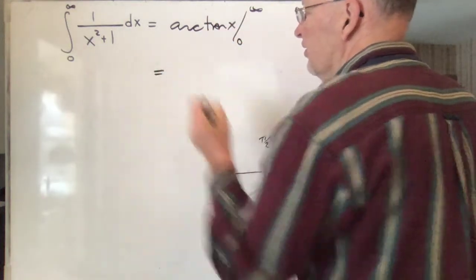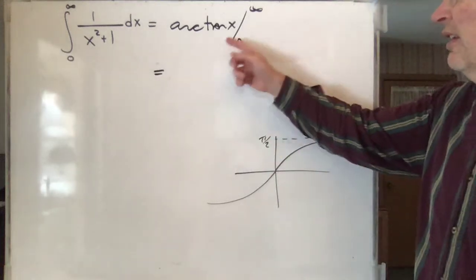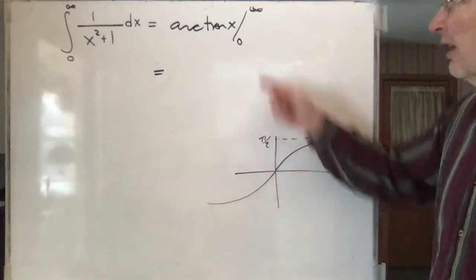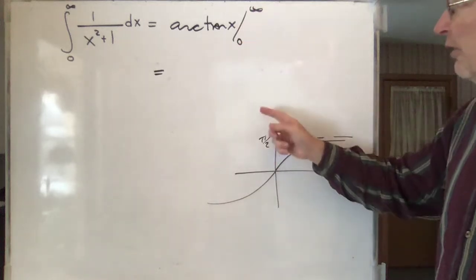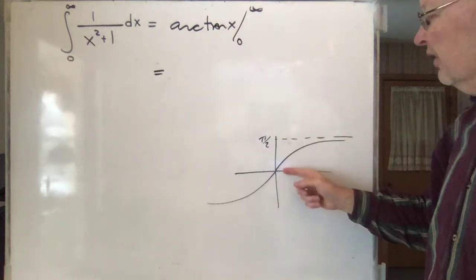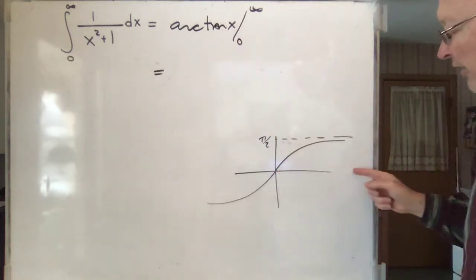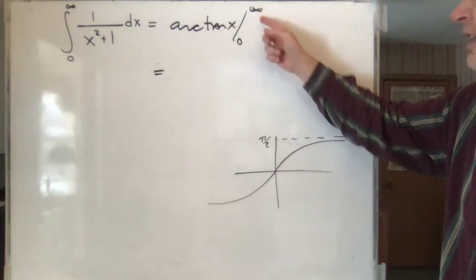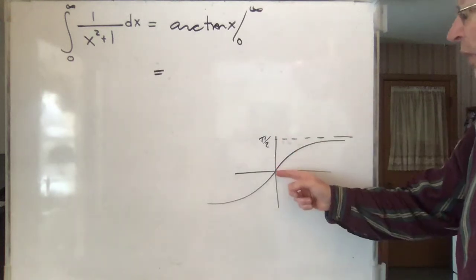And the key is when you see this, you don't think of plugging in infinity, okay? It's not a number that you plug in. When you see this, you think to yourself, what's happening to this function as x gets arbitrarily large, as x goes off to infinity? You don't plug it in as a number. You just say, what's the limit of this?